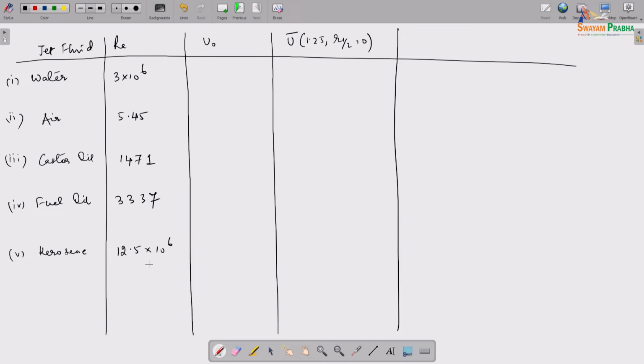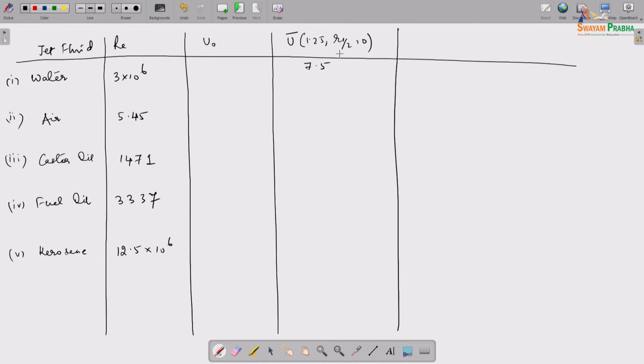So we can actually get, U naught is essentially 2 times U mean. So there's no point writing that out, okay? All right, so U mean, the first one was 7.5. What's air? Air was 15, right? So this was the second one, which turned out to be 15. The third one was 3.